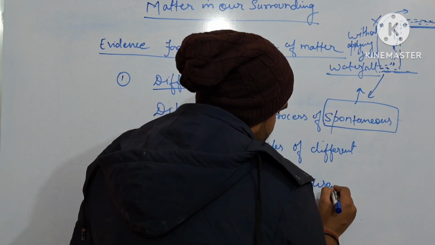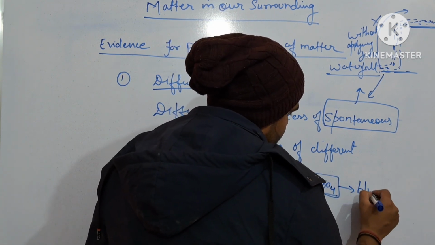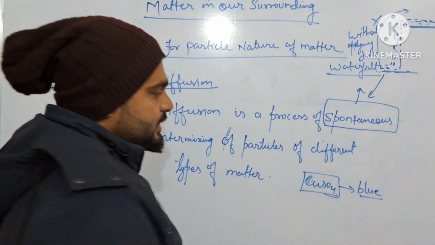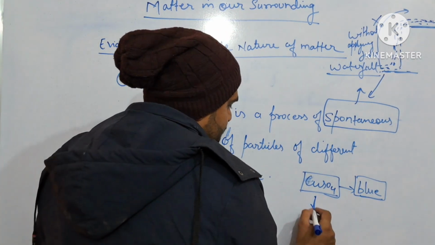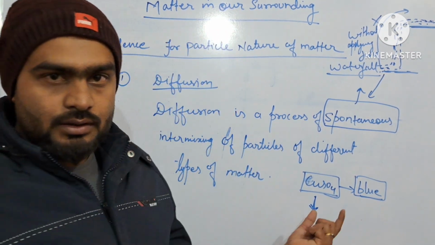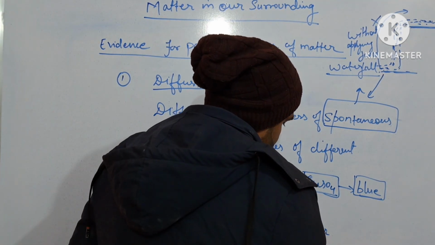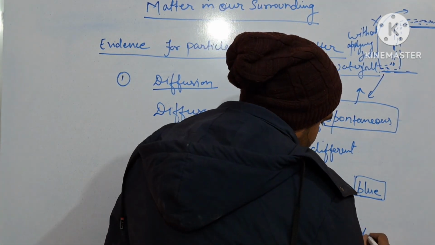I don't know whether you have seen it or not, but there is copper sulfate, solid crystals which are blue in color. When you mix these copper sulfate crystals into the water, after mixing, the water color will become blue.